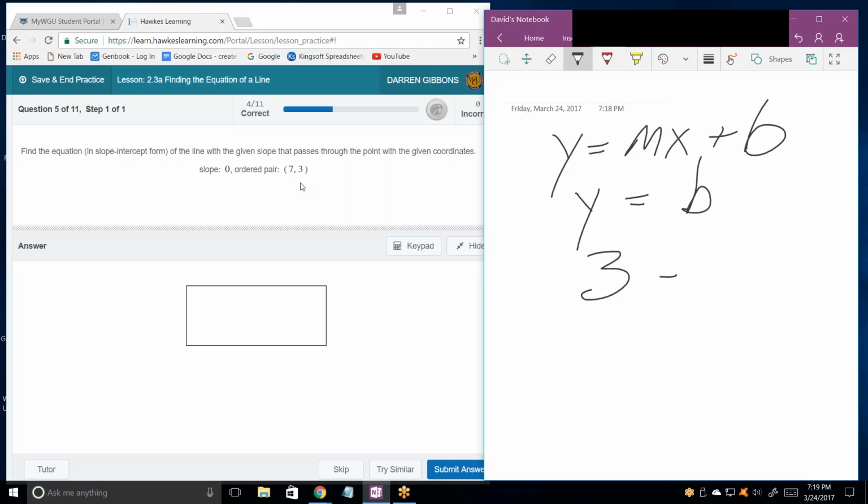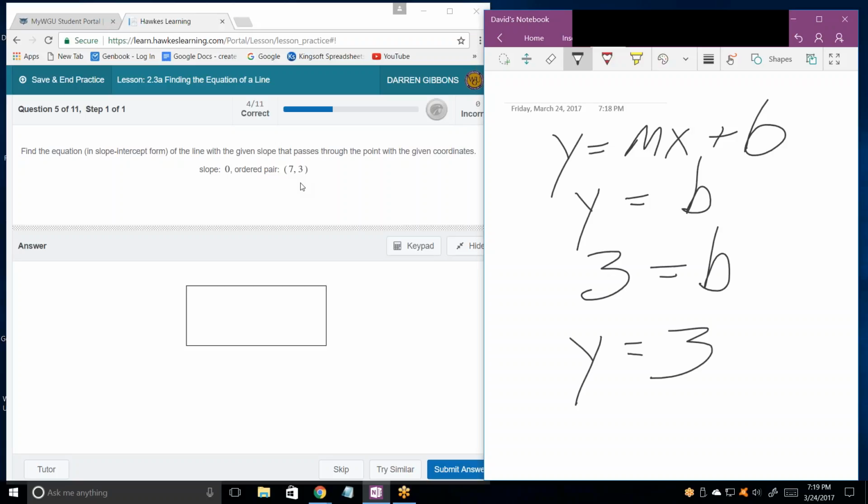So 3 equals b, which makes the equation y equals 3. And that is the equation of a horizontal line. And horizontal lines are the only lines that have slopes of 0.